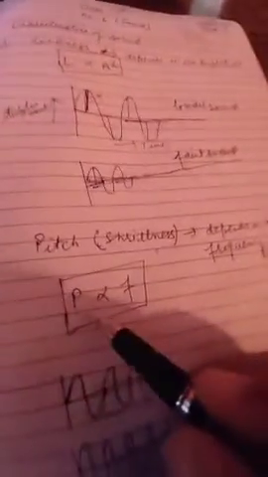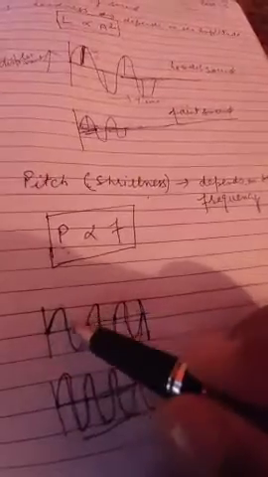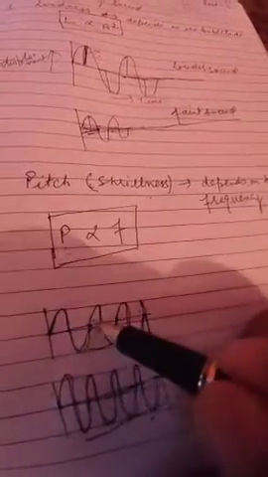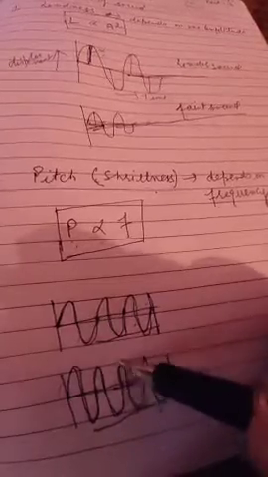The next is pitch or shrillness. Pitch depends on the frequency. Pitch is directly proportional to the frequency. Just see here, this is 1, 2, 3, and this is 1, 2, 3, 4.